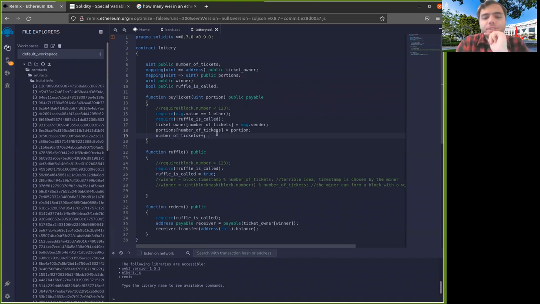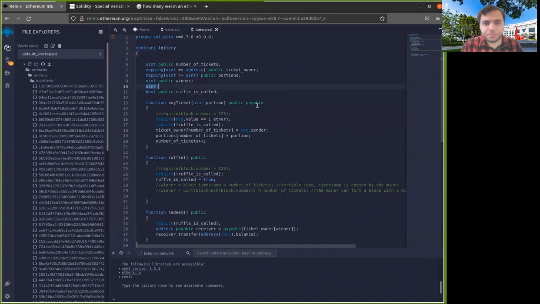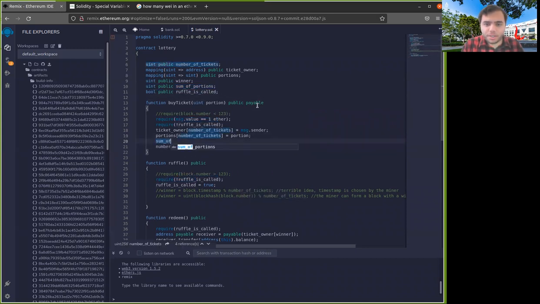We can just sum up all the portions that are given to us by the different people and take that modulo the number of tickets. Okay. So let's say I have a uint, which is sum of portions. And let's say that here I just say increase sum of portions by the current portion.